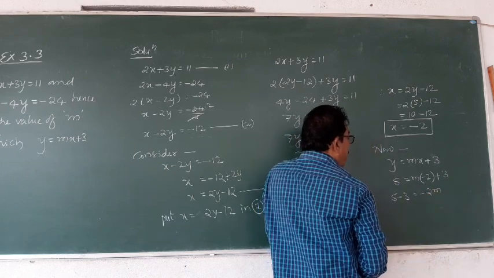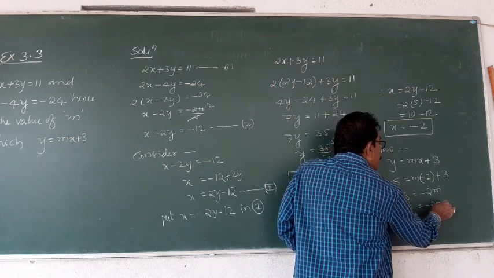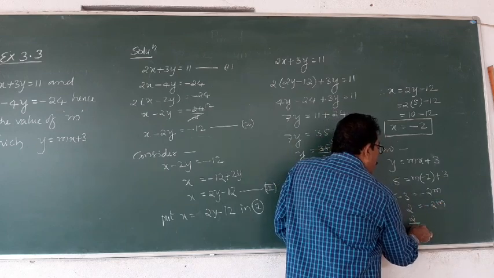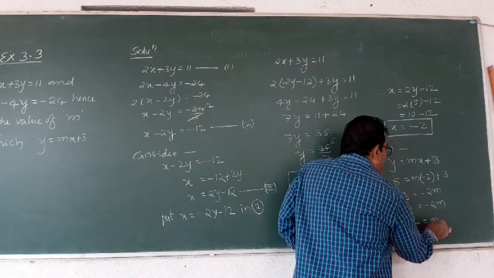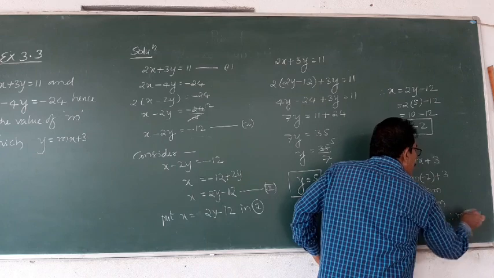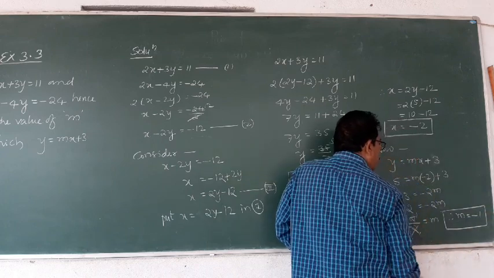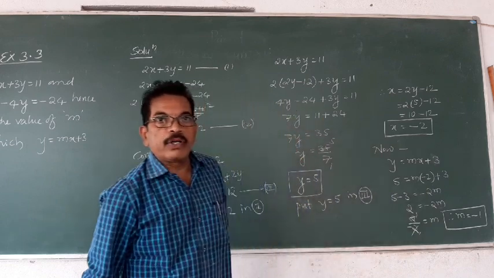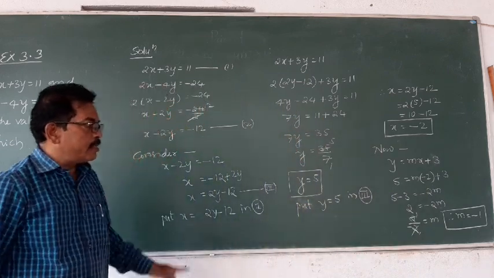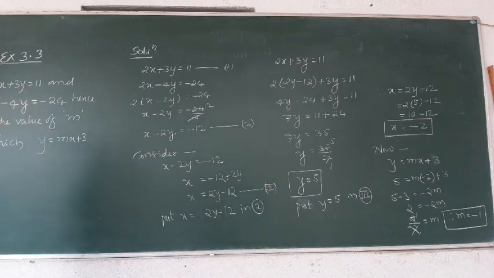So 5 minus 3, that is 2, equals to minus 2m. Therefore 2 by minus 2 equals to m. Therefore m equals to minus 1. 2 1s are 2. m equals to minus 1. This is the method of solving such type of pair of linear equations.